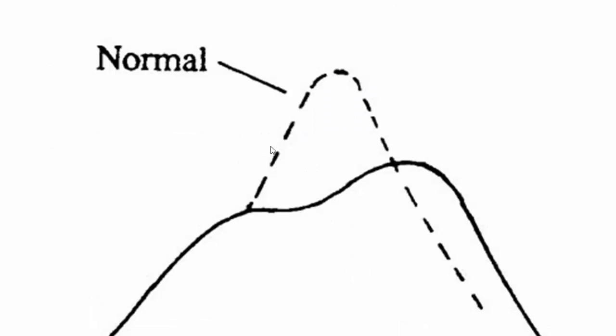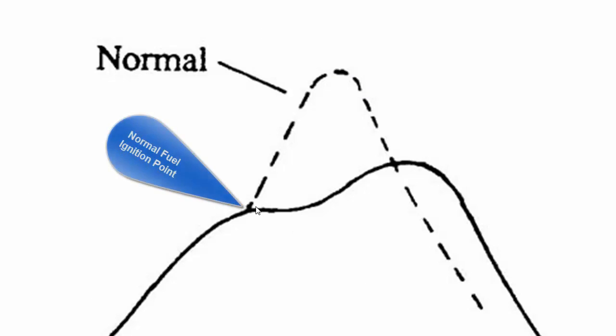So, normal injection, this is showing here where ignition would occur, and this is late injection. Now, what's happened with this is the fuel is burning maybe 6 or 8 degrees after top dead center.